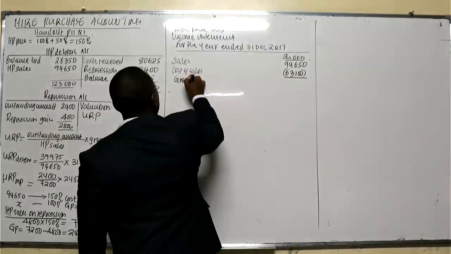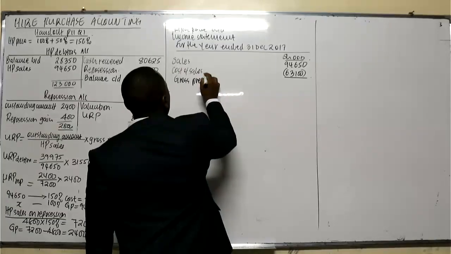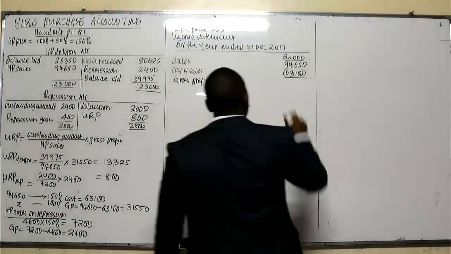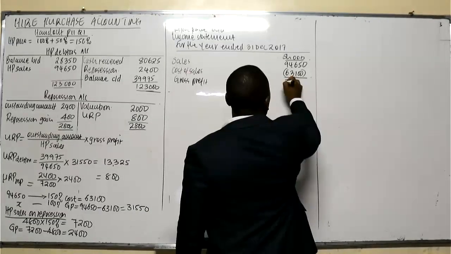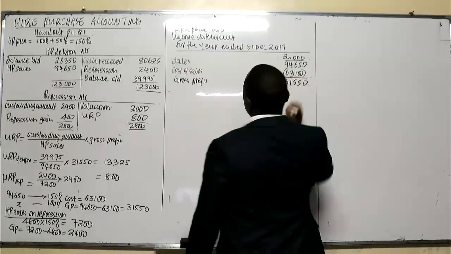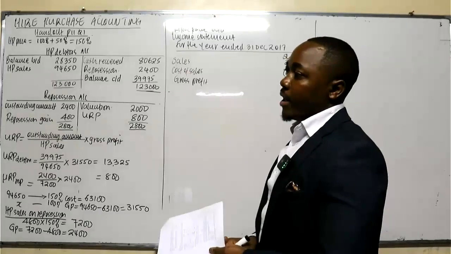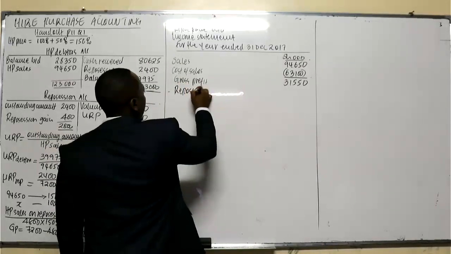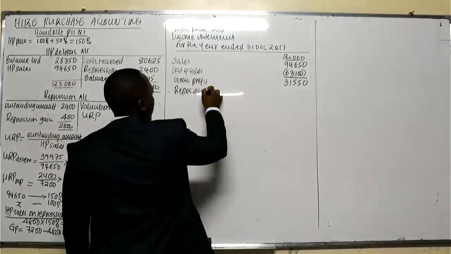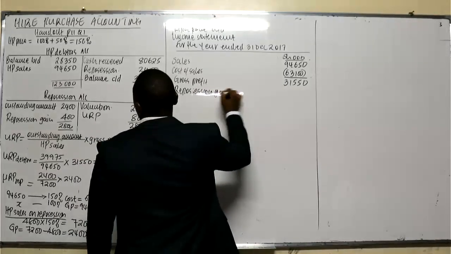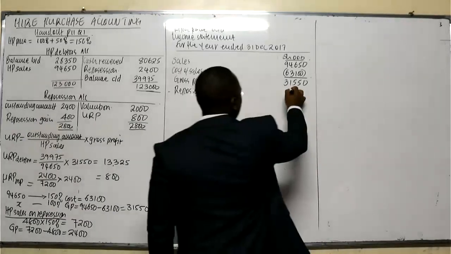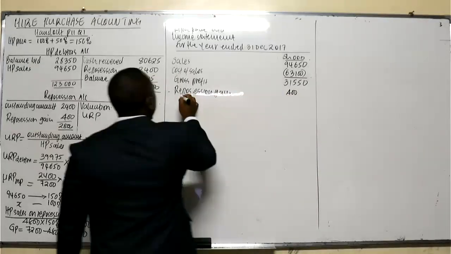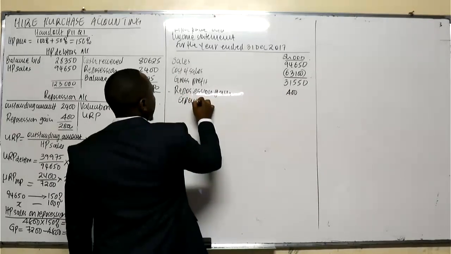So how much was the gross profit? The gross profit was an amount of 31,550. Then we have other income. We repossessed an item at a gain. So there was repossession gain, and the repossession gain was an amount of 400. Then we deduct expenses.